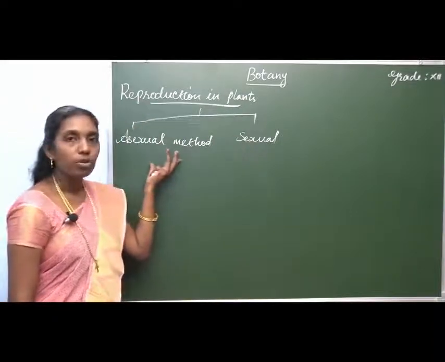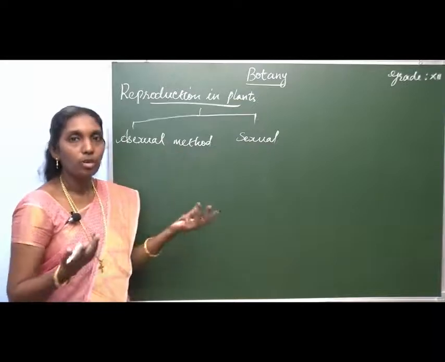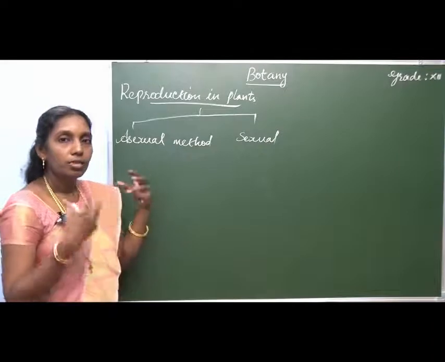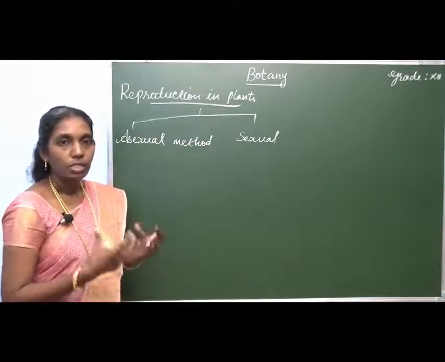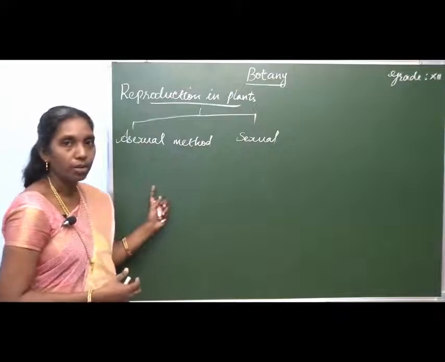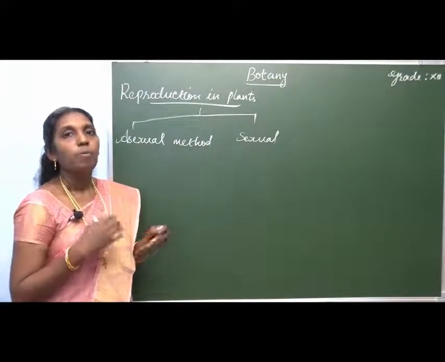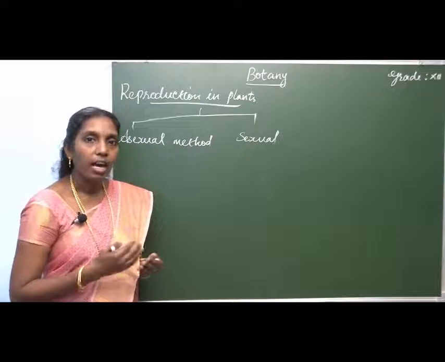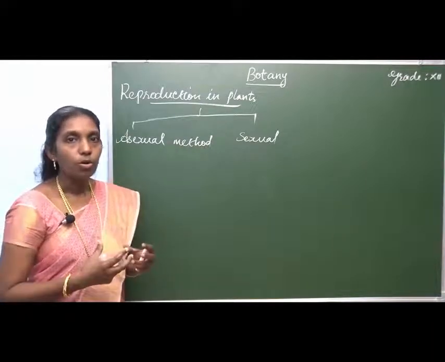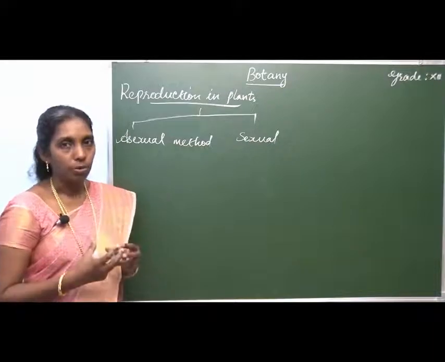But in asexual reproduction, there is no involvement of gametes. So, all the individuals developed under asexual reproduction are morphologically and genetically identical. So, they are known as clones.